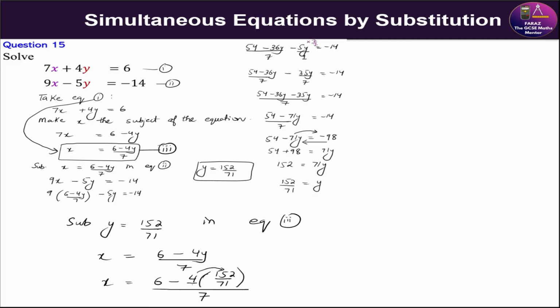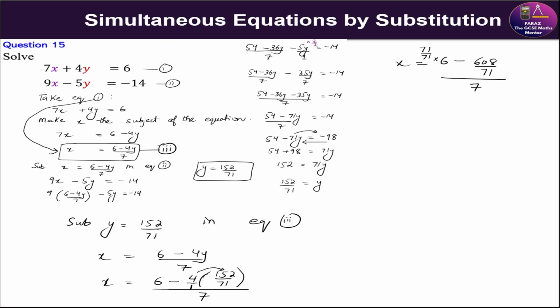That's the most common mistake students do. You just have to realize that there is 1 in the denominator of 4. So you need to multiply 1 with 71 and 4 with 152. So what will it give you? It will give you x equals to 6 minus 4 times 152, 608, and 1 times 71 is 71, over 7.